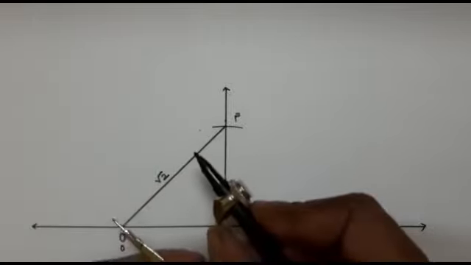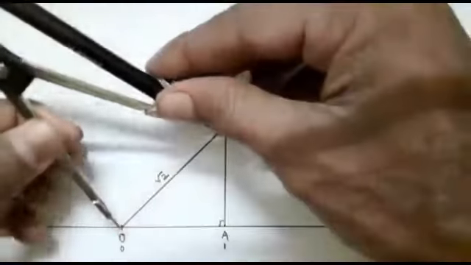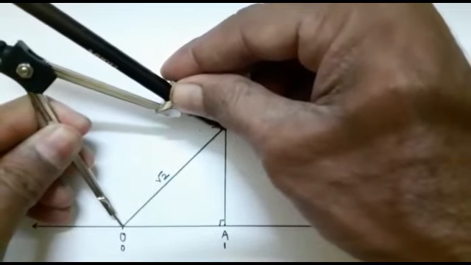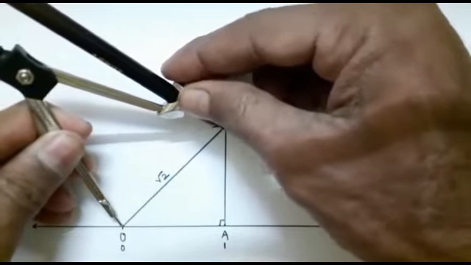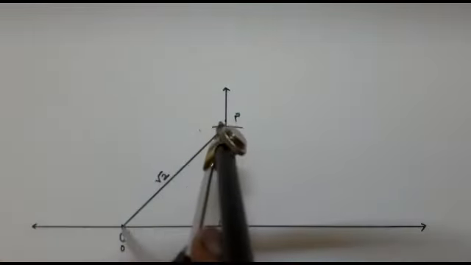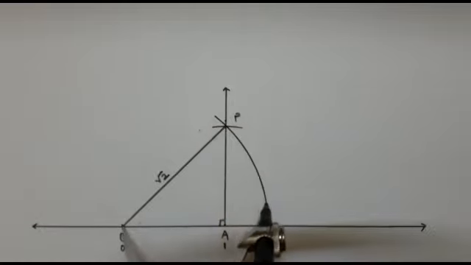Now measure this distance, the distance of the hypotenuse, between the two terminals of this compass. Now draw an arc of the same length and bring down this distance on the number line.